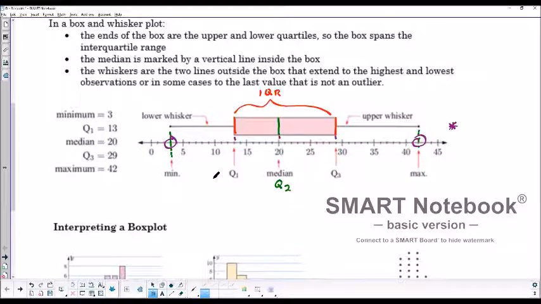So we see the range of the data, which is determined by the difference between the maximum and the minimum values. So the range is all of that, and you get an overview of what all the data looks like.